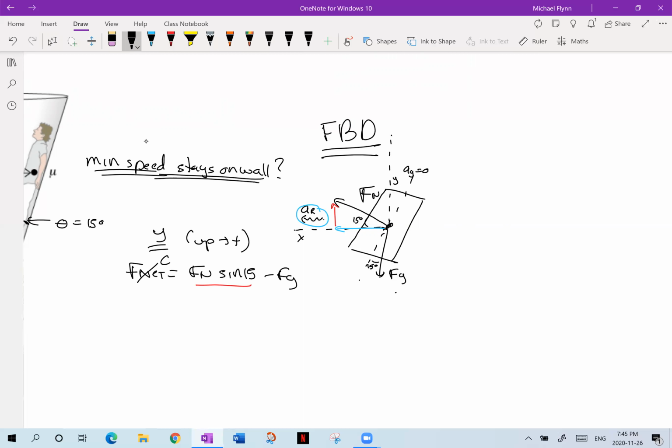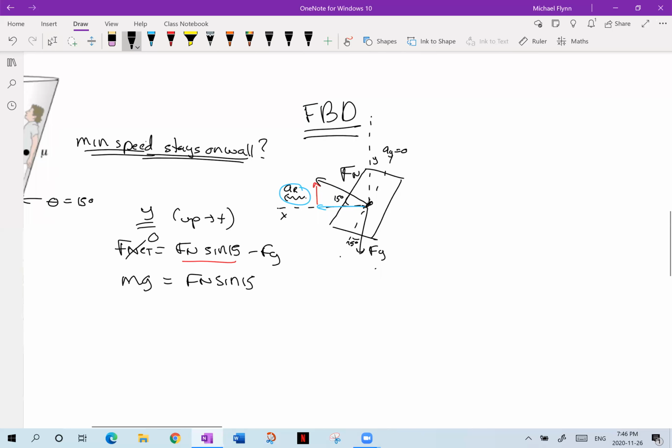Now this is 0, because there's no vertical acceleration. So I end up with mg equals Fn sine of 15.